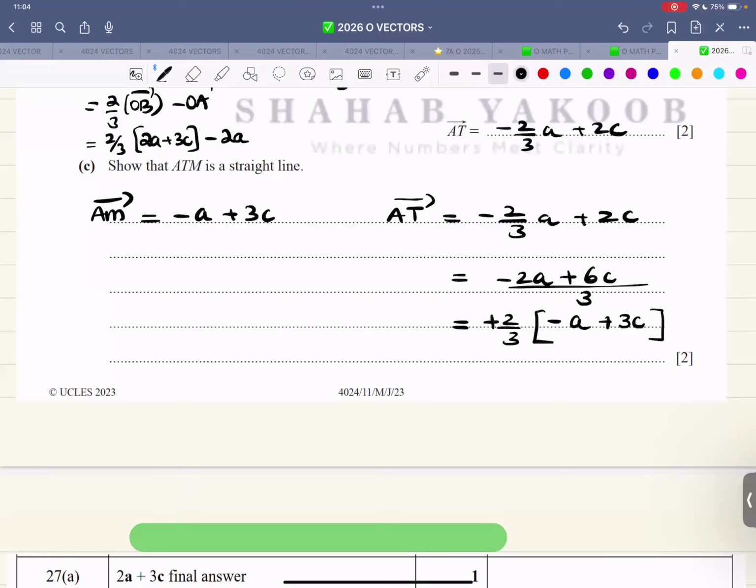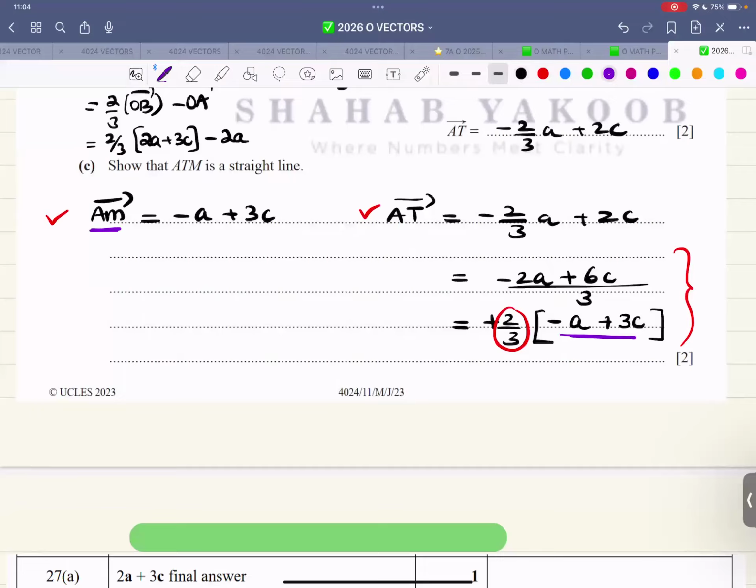So now 6C, 6 over 3 is this thing. Now just have a good look. What I have done is that I simply wrote AM, I wrote AT, and I took 2/3 common out after taking LCM. Before taking LCM, that's your choice. So now once I take this thing common out, this thing on the inside, isn't that AM?